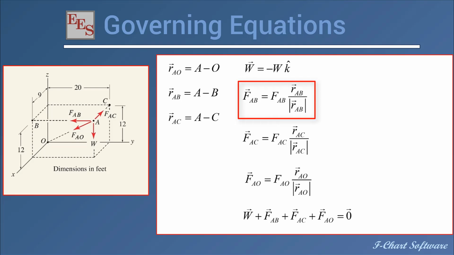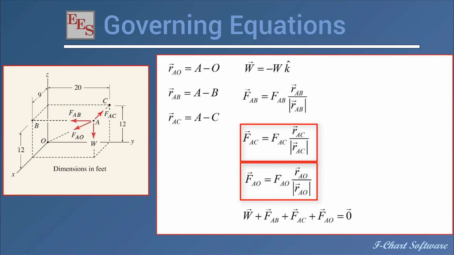And then we know the directions of the other forces. So FAB is the magnitude of FAB, which we don't know, and then it's in the direction defined by RAB. So the position vector RAB divided by its magnitude gives me that unit vector. Same thing for FAC, and same thing for FAO. So these are three unknowns now, these three magnitudes.